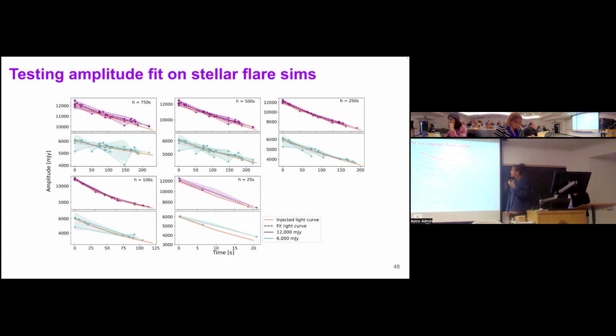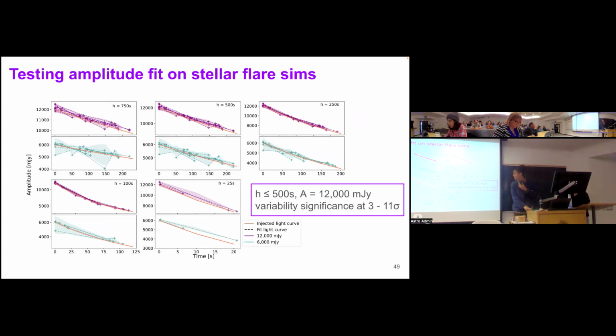So here we injected sources into 11 different TODs and we recovered the light curves. The recovered light curves are the dotted lines, and the square light curve is the injected line. The main takeaway from this is that we wanted to estimate the level of amplitude at which we could say this source seems to be varying.